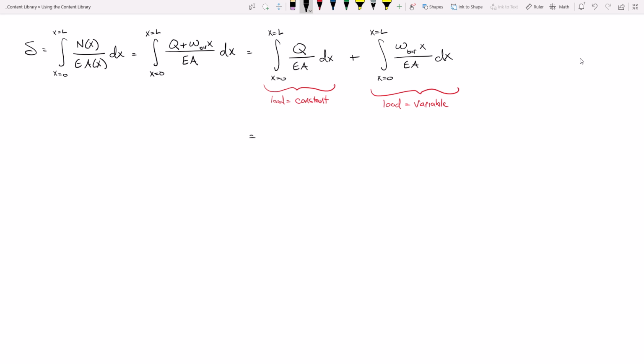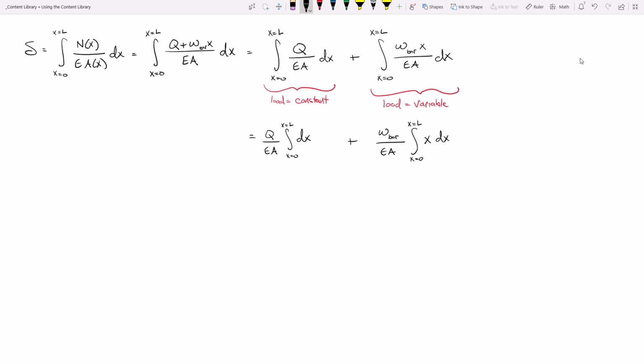Everything inside the integral on the left is a constant, right? So I can factor out the Q, the E, the A, etc., and I'm going to get this. And over here, the integral has that pesky little x left over.